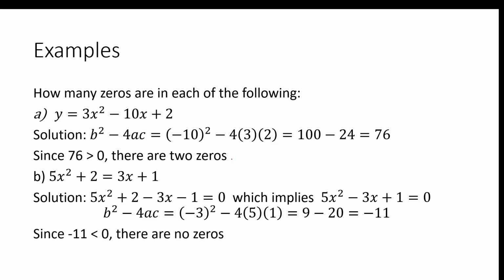Imagine we had the function y equals 3x squared minus 10x plus 2, and we wanted to know how many zeros there were. It would be pretty easy to find the zeros themselves by simply using the quadratic formula.